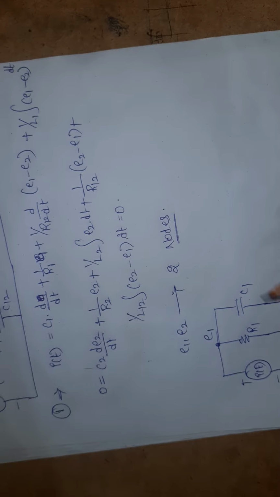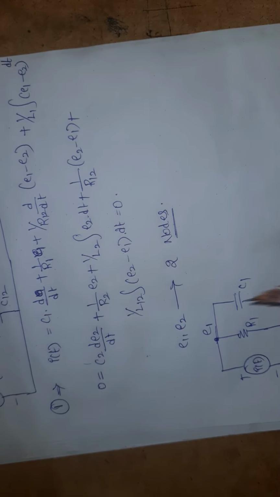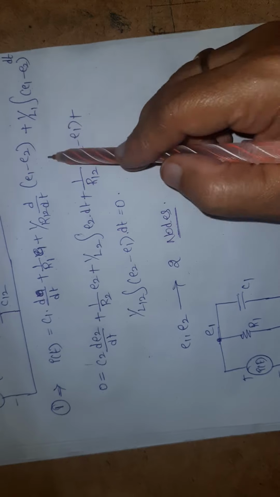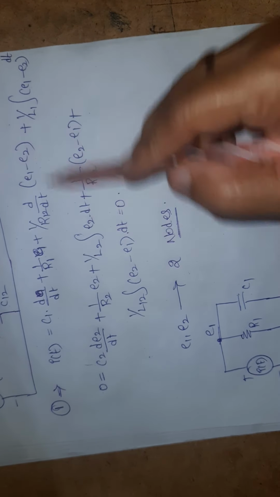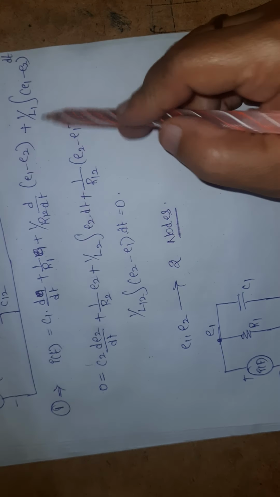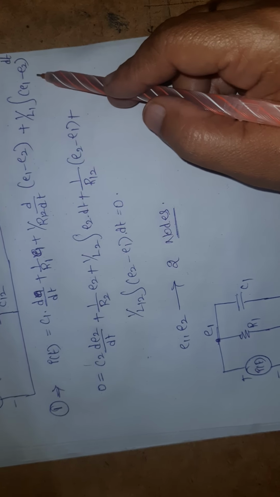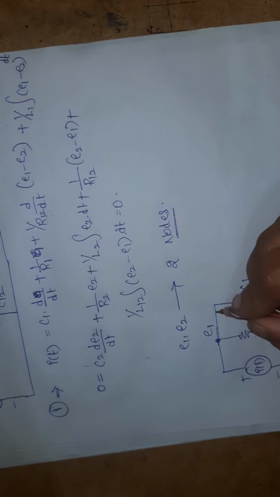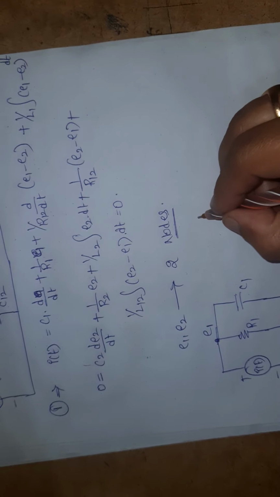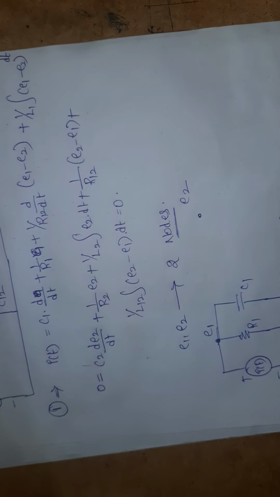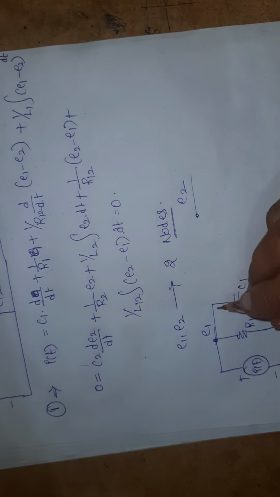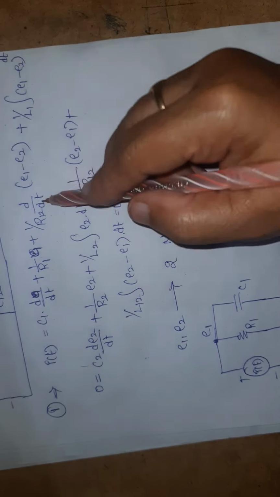Next, what I am having here is R12 and L1, these are involving the two nodes, E1 minus E2 and E1 minus E2 like this. So if I consider this as E1 and this as E2, in between these two nodes I am having two elements.